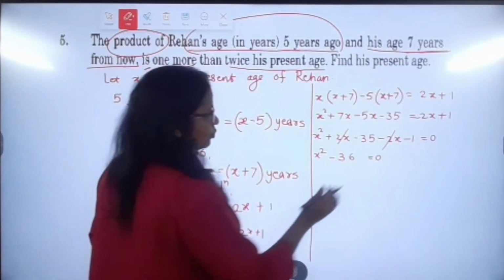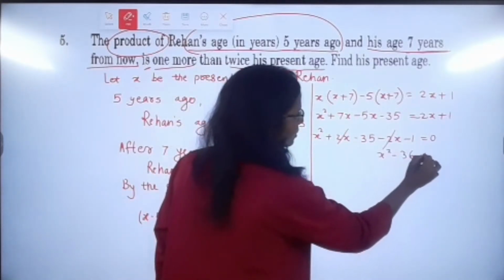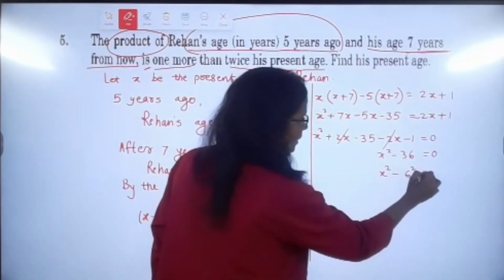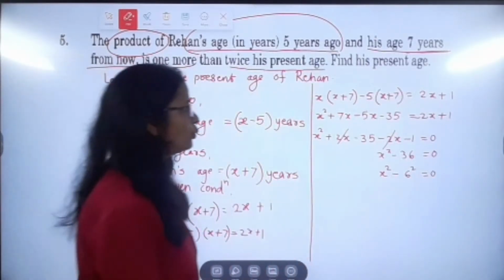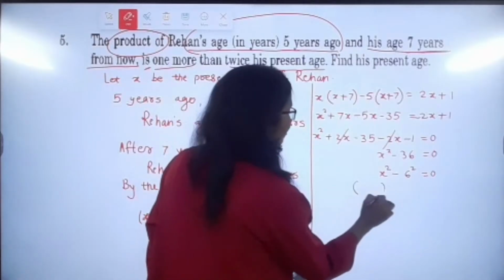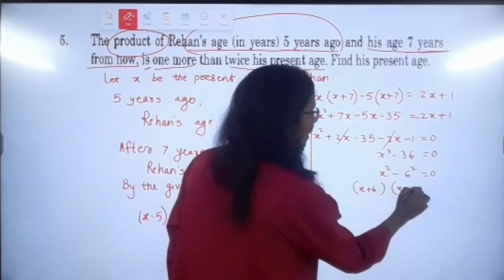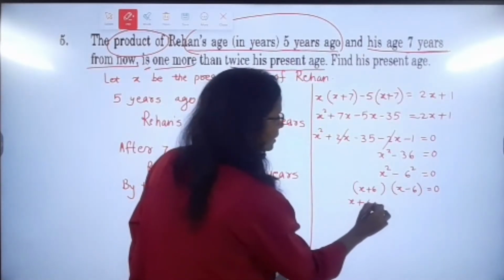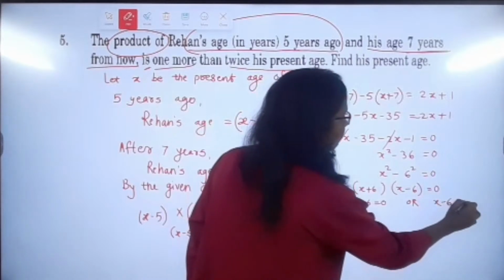Okay students, so now see here, x square minus 36 is equal to 0. So x square minus 36, where 36 is the square of 6. Now in the a square minus b square form, you know the expansion: in the first bracket we write x plus 6, in the second bracket we write x minus 6, which is equal to 0. So either x plus 6 is equal to 0 or x minus 6 is equal to 0.